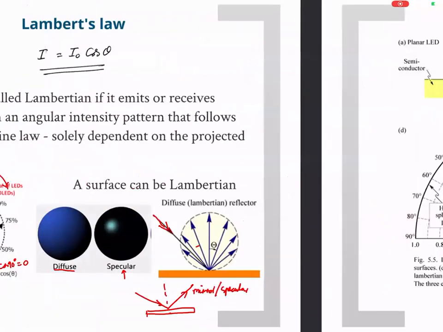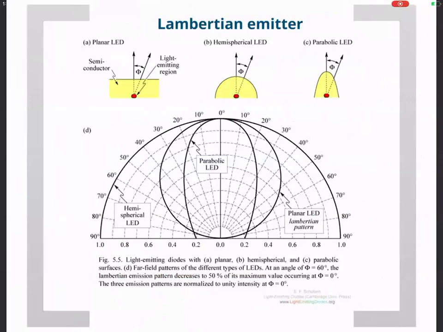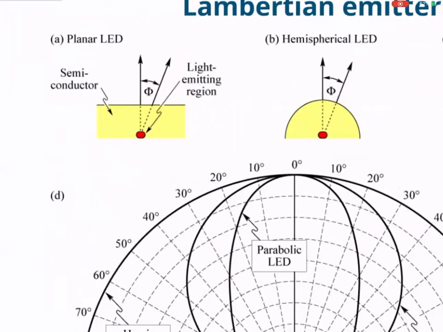Okay. A Lambertian emitter, in the case of an LED, is also very important from a practical perspective. And there are many different types of LEDs. You could have an LED that's planar, where the source is embedded inside some semiconductor, and then the angle of emission is determined by the escape angle or the critical angle of the LED, right?